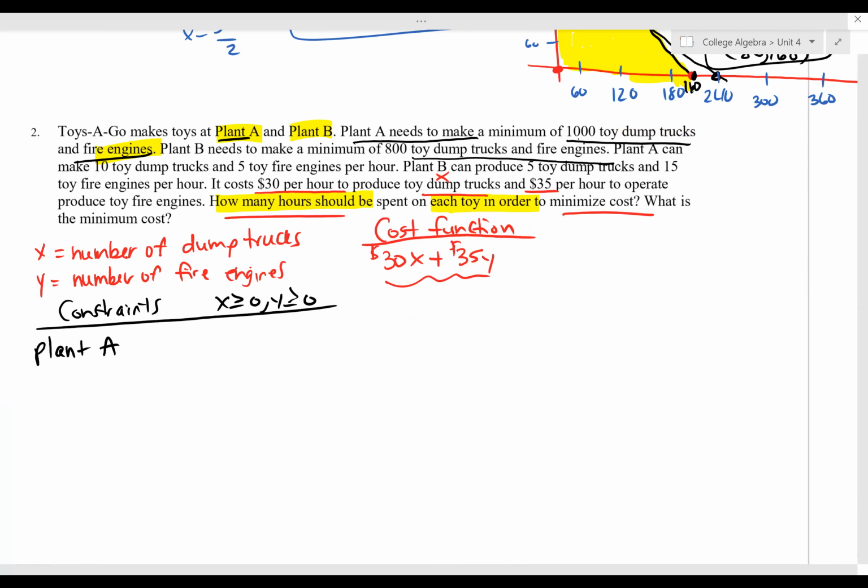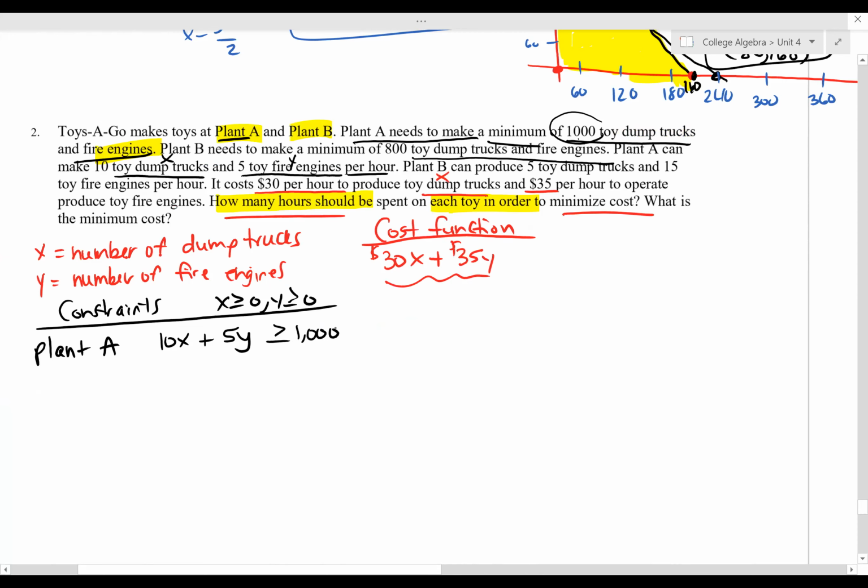Plant A can make 10 toy dump trucks, so 10 goes with X, and 5 fire engines, 5 goes with Y per hour. So there's my equation for Plant A: 10X plus 5Y, and then look at your limit for Plant A. They want 1,000 toys, and it's a minimum, so you want it to be greater or equal to 1,000.